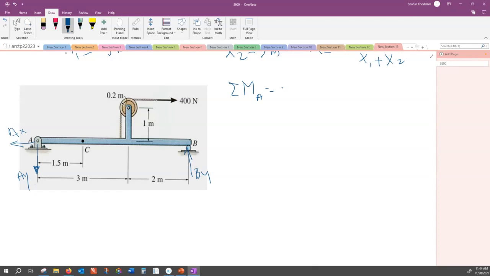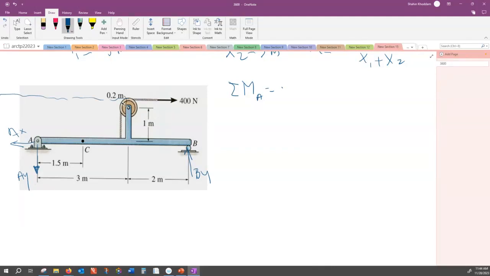All right, so with that, I have to find out the moment due to 400. What is the moment due to 400 with respect to point A? So you need to find the shortest distance between that force's line of action and the center of rotation. So that is my line of action. This is the line of action for this force.